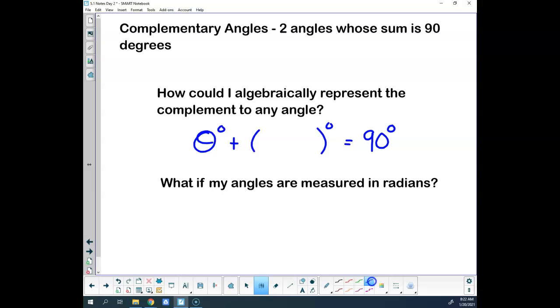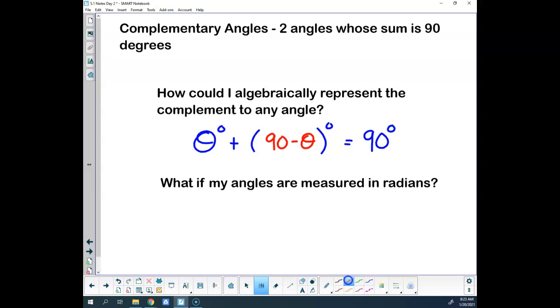Well, that other angle is always going to be 90 minus theta. So theta plus 90 minus theta is always 90. That's how we would represent it algebraically.